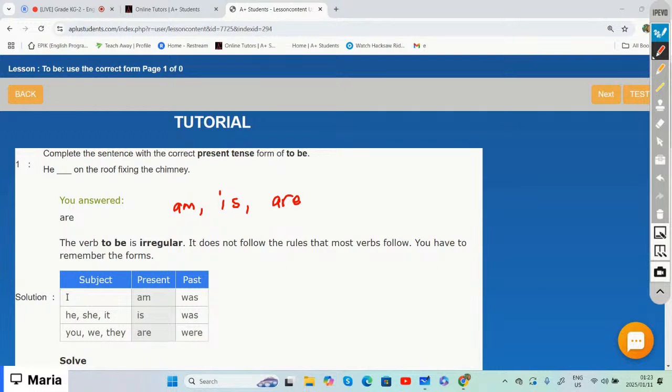If we were to choose the correct option, then we will say he is. He is on the roof fixing the chimney. So is our correct form.